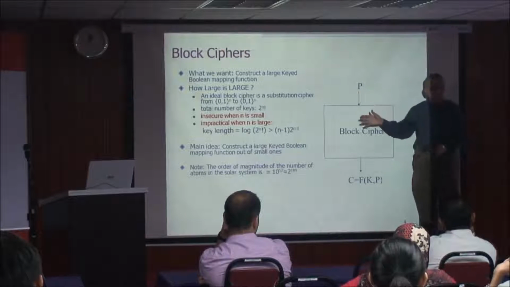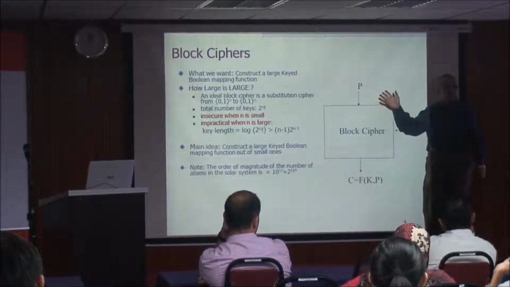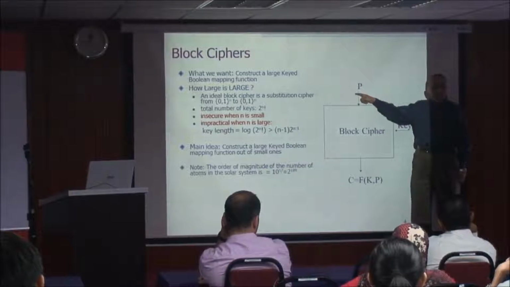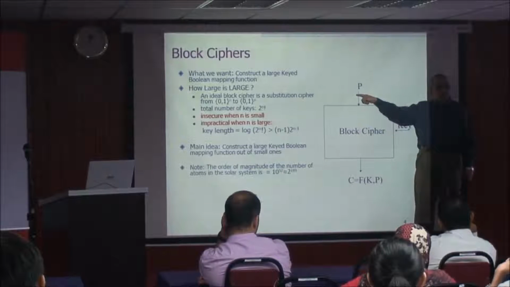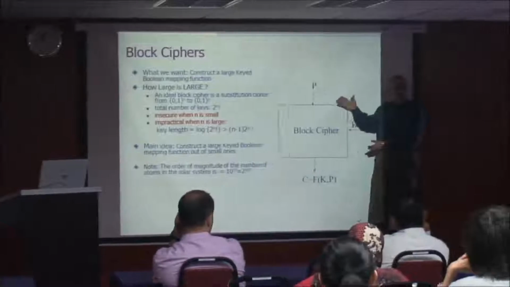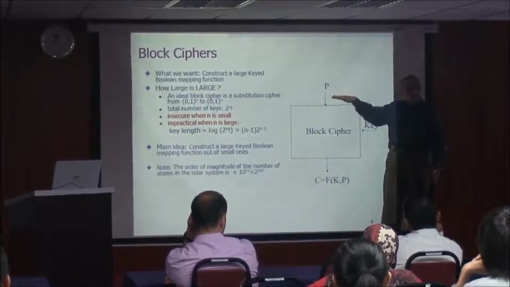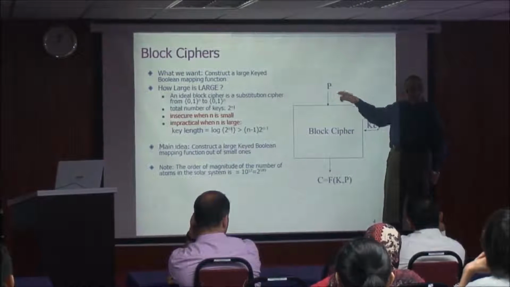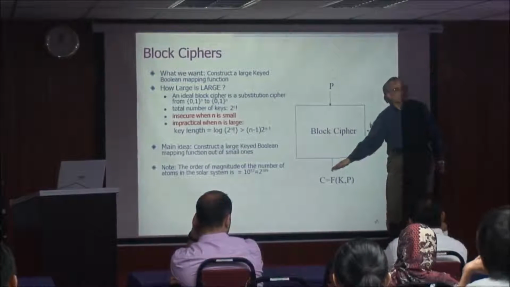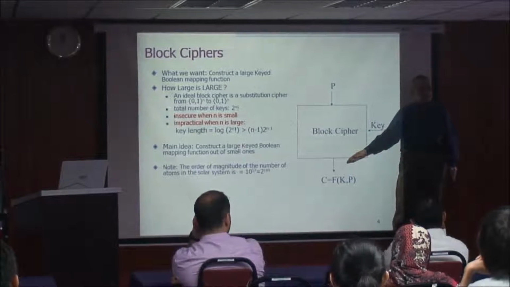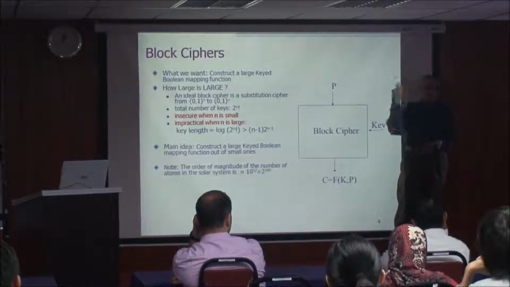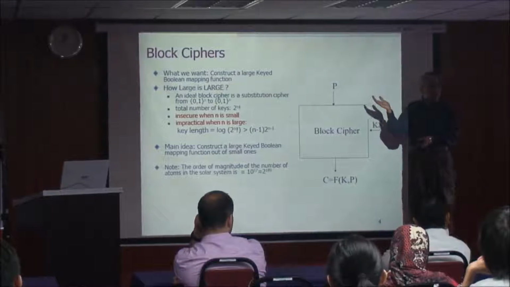Suppose this is just a toy block size, and my block size is only 16 bits. How much memory do I need to buy in order to implement this mapping between 16 bits and 16 bits? It's 2 to the power 16, right? So I only need to buy 64K of RAM, which is okay.